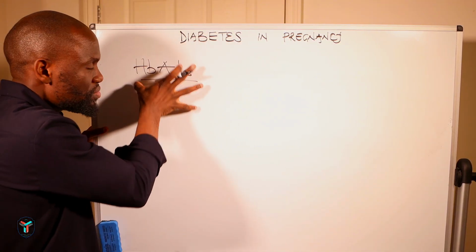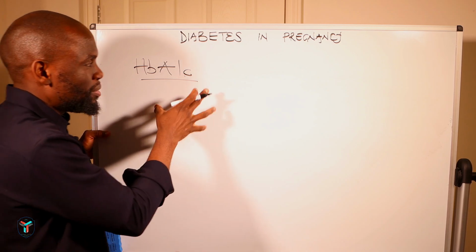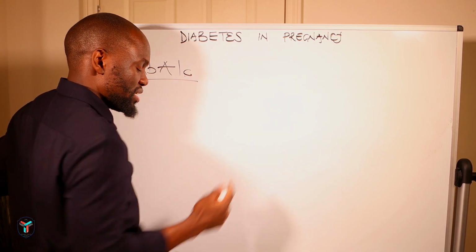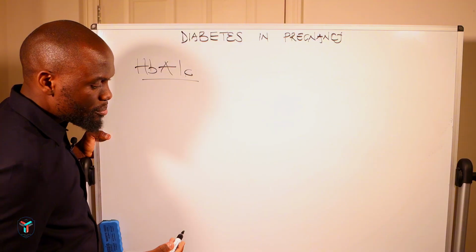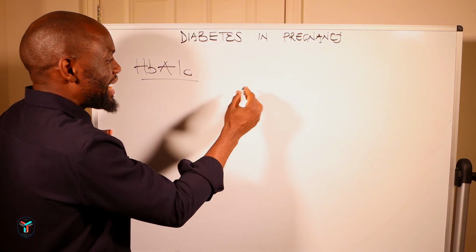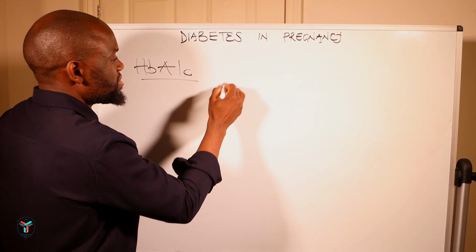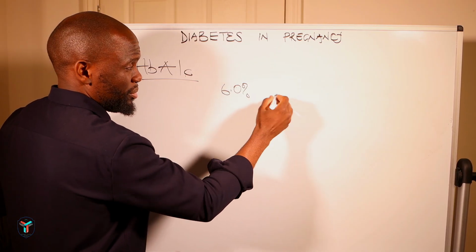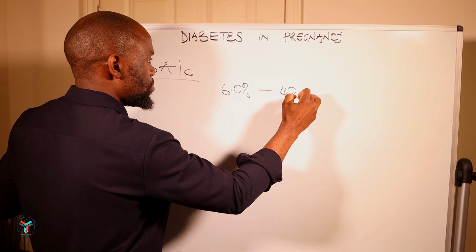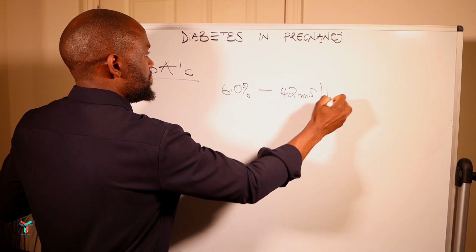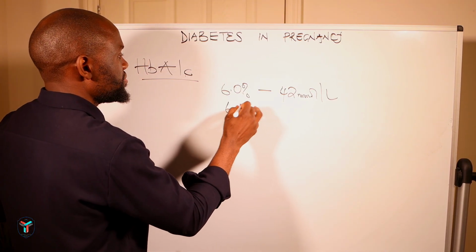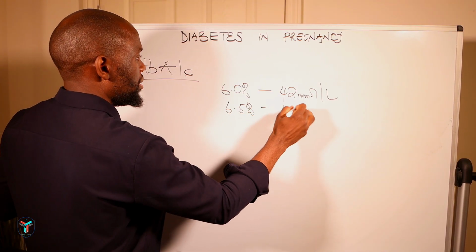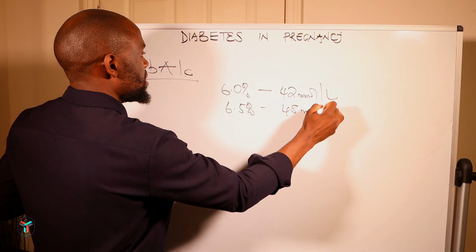So when we do these tests, we also have parameters that we will be looking for, especially when it comes to issues of pregnancy. You will be targeting at least 6.0%. So 6.0% is about 42 millimoles per liter. Then 6.5% is about 48 millimoles per liter.